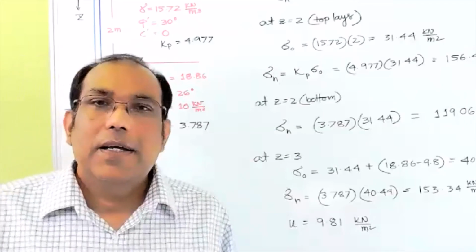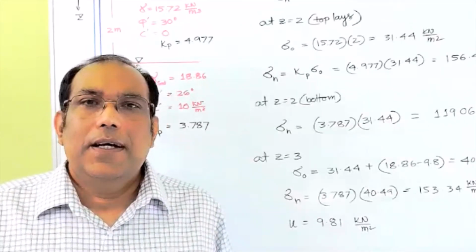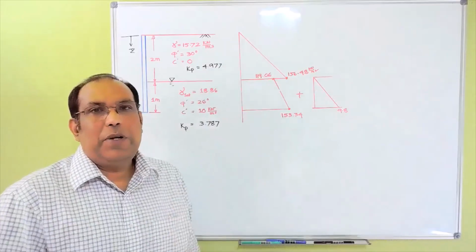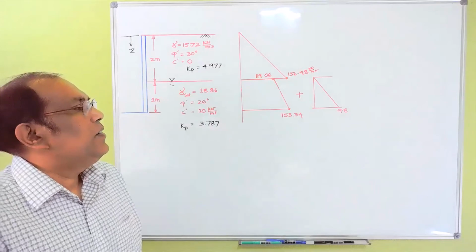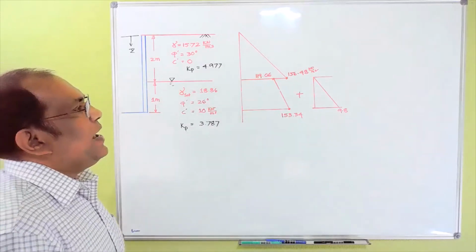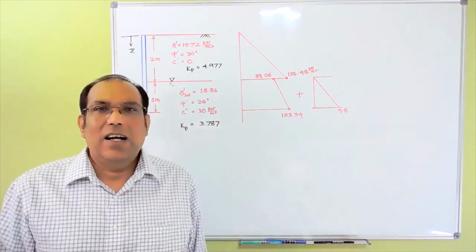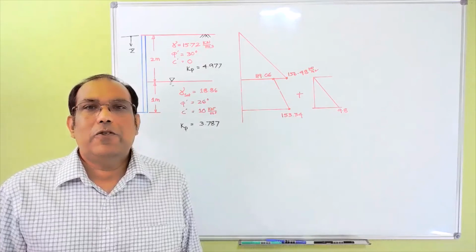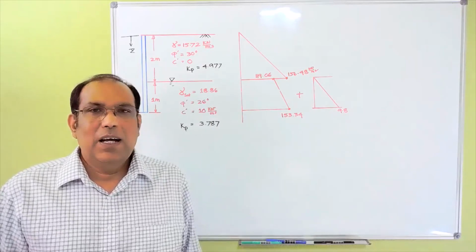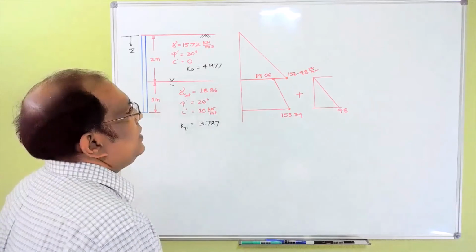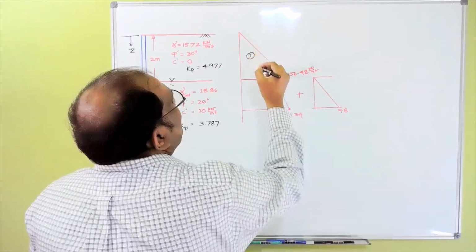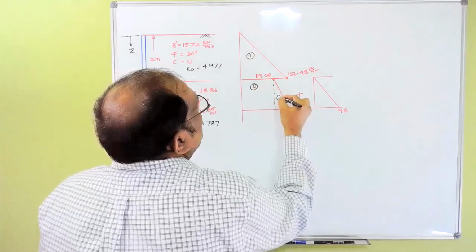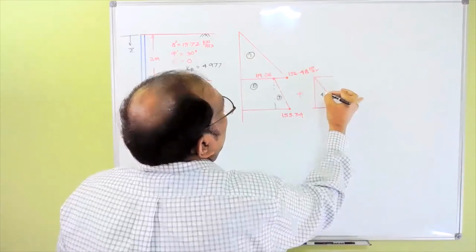Now let me draw the pressure diagram, okay? So here is the pressure diagram you can see here, okay? So now I have to add that area under the pressure diagram to find out the force, horizontal force that working per unit length of the wall, okay? So if I do that one, let's say this is area 1, this is 2, this is 3, and this is 4.